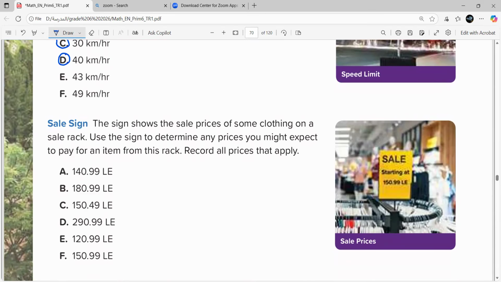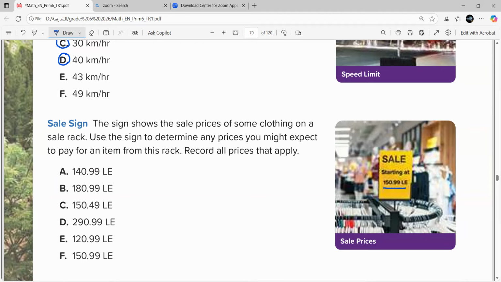The sign shows the sale price on some clothing on a sale rack. So in this sale rack in the shop, this sign says that the prices start at 150.99 pounds.